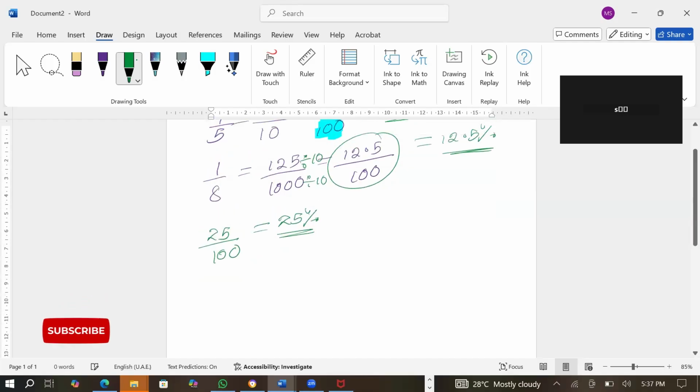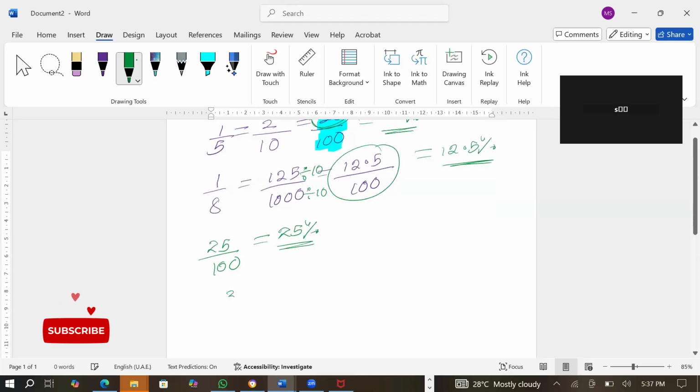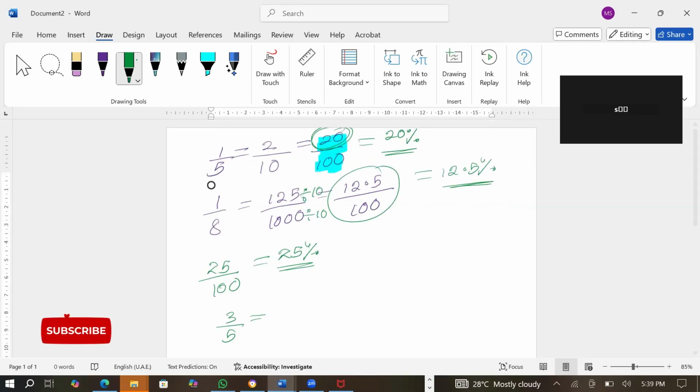In this one, 3 over 5. Write this as a percentage. I'll give you time. Okay, can you complete this step? Can you write the numerator? I think that's easy for you. What should be the numerator? 30. If it is 100, it should be 30. Okay. Now write this as a percentage. Not 30. Wait.